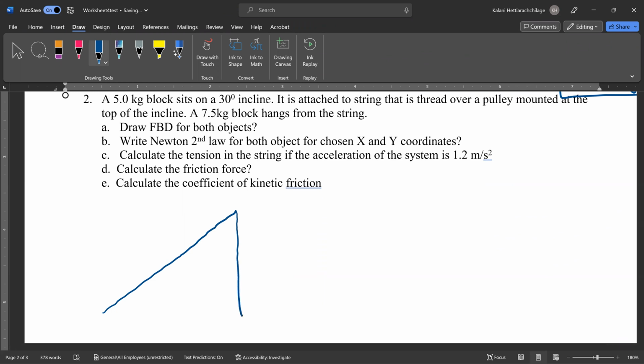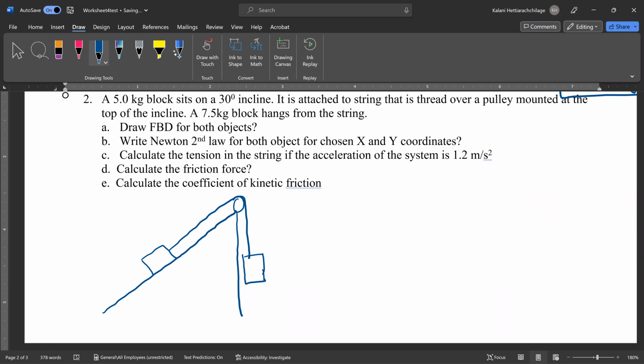Don't change it during the calculation. So I have an incline like that, right? Now I have an object, and a pulley here. I have an object on the inclined plane, and that object connects to this string and hangs down on the other side, and there is an object hanging here.